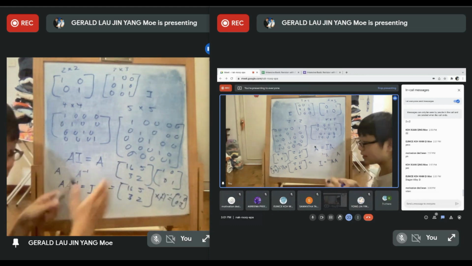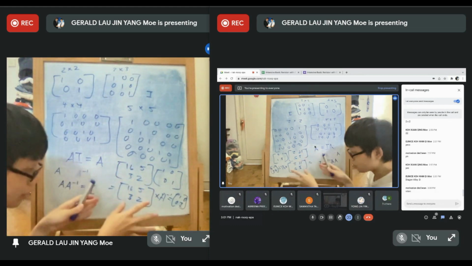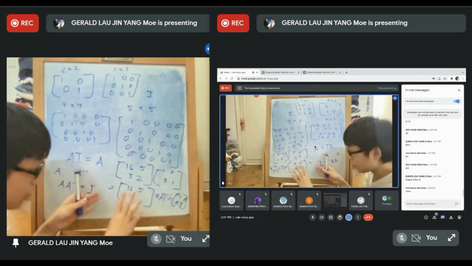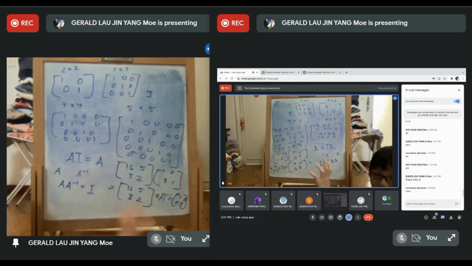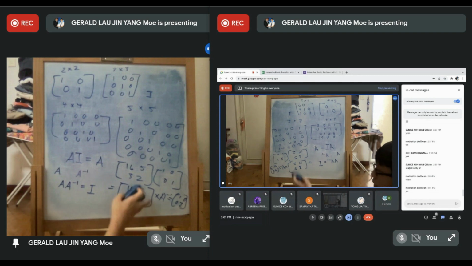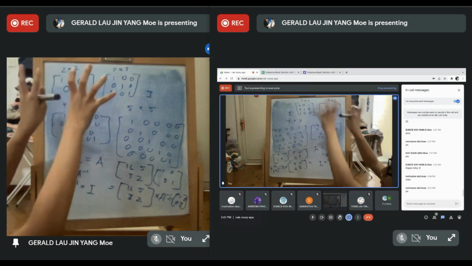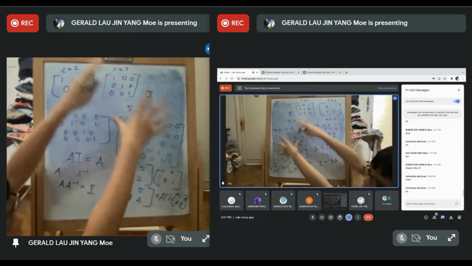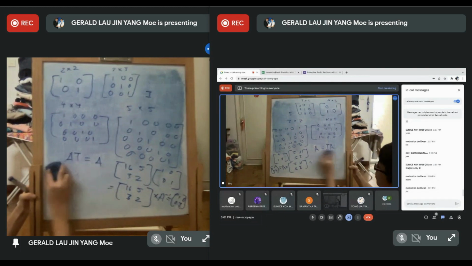Can you understand? This is inverse matrix. This is just the introduction first. No need to know how to calculate the inverse matrix first, but do you understand what an inverse matrix is or not? Yes? That means it's like an opposite. If this normal matrix times the opposite inverse matrix, you will get the mirror. You'll get the identity matrix. Okay?